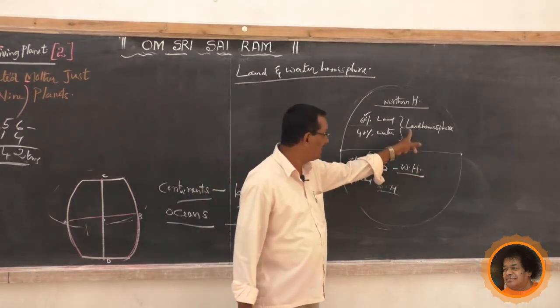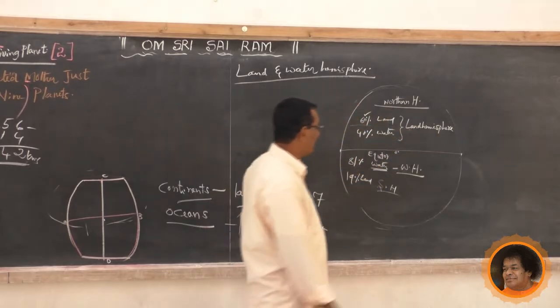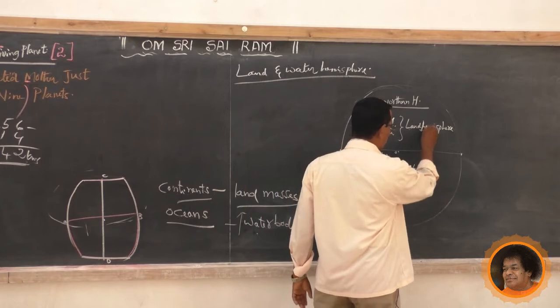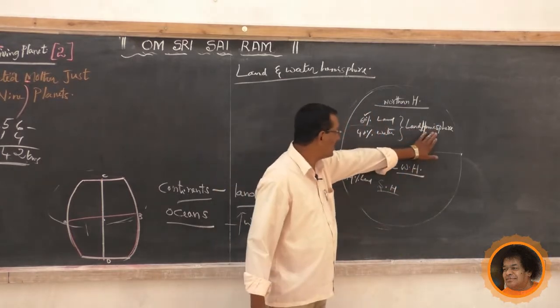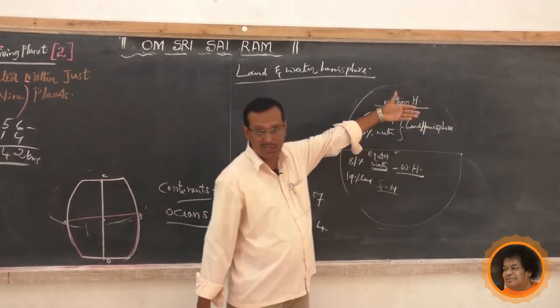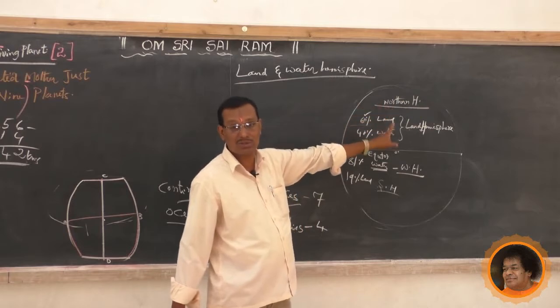WH and LH, water hemisphere and land hemisphere. Which hemisphere is called the land hemisphere? The northern hemisphere. Why?